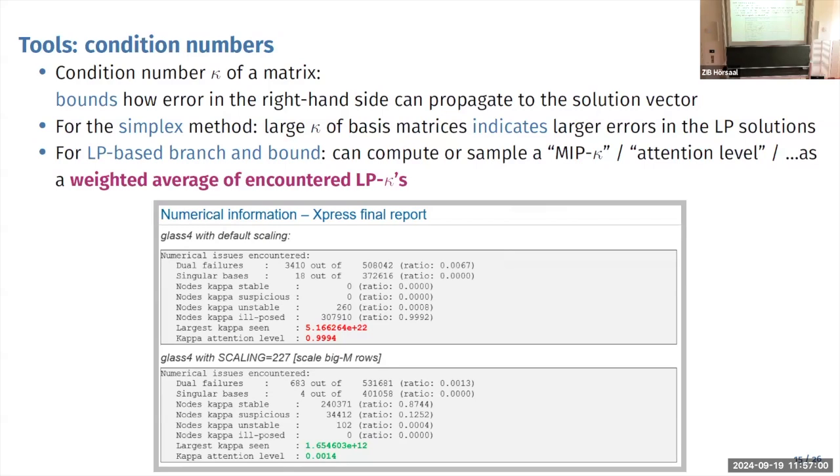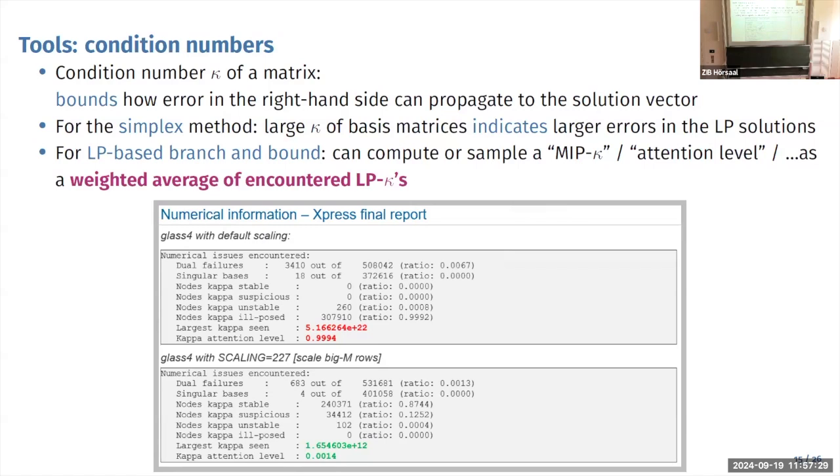Here's an output. It's a screenshot from a slide that I got from Timo, where he presents the output of Xpress for an instance class 4 from the mixed integer programming benchmarking library with two different scaling options in Xpress. And each time you can look at how many of the bases were terribly singular.